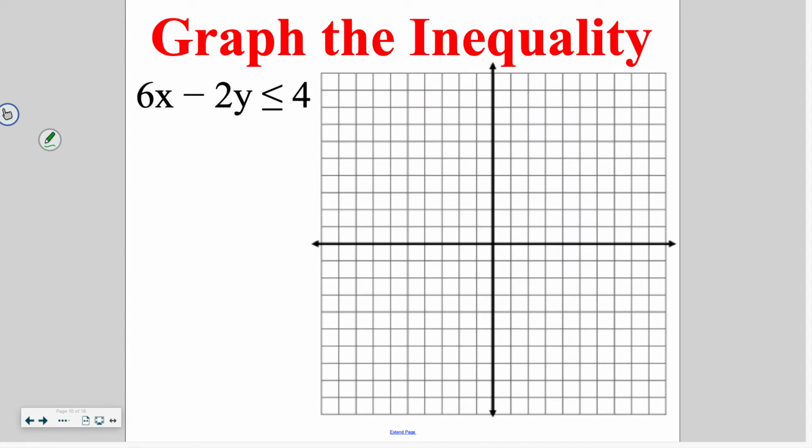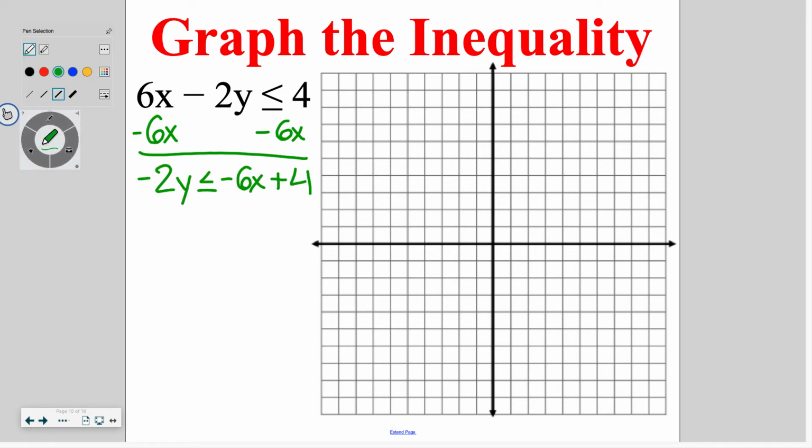Just like when we have regular linear equations, sometimes we have to isolate y in order to graph our linear inequalities. So I'm going to start this one by subtracting 6x from both sides. So I've got negative 2y is less than or equal to negative 6x plus 4.